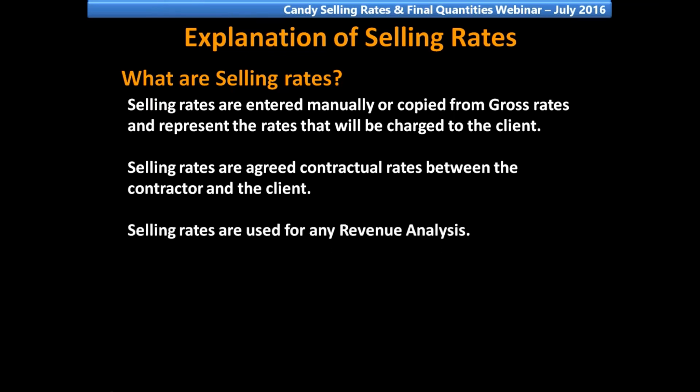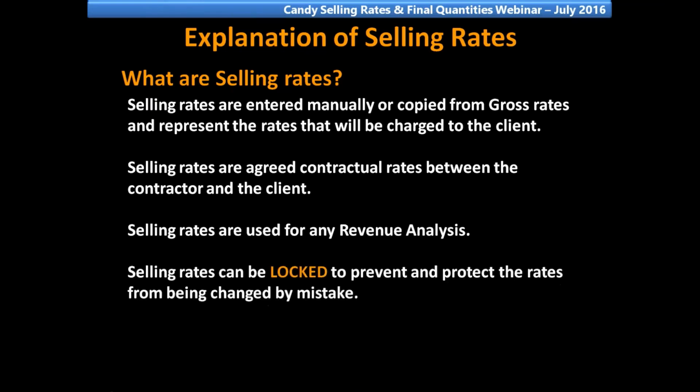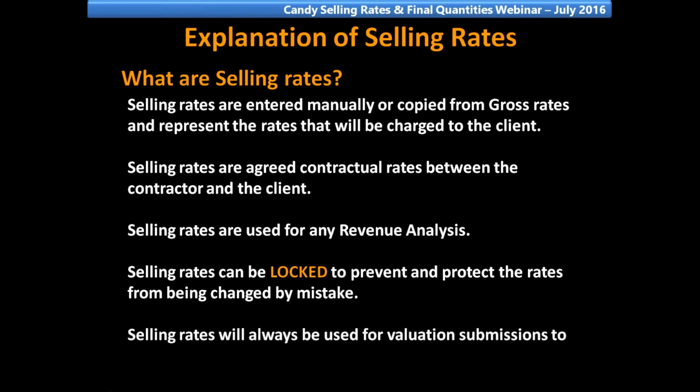Selling rates are agreed contractual rates between the contractor and the client. Selling rates are used for any revenue analysis. Selling rates can be locked to prevent and protect the rates from being changed by mistake. And lastly, selling rates will always be used for valuation submission to the client.